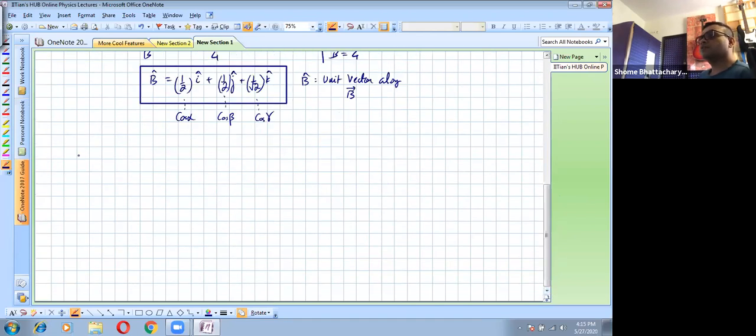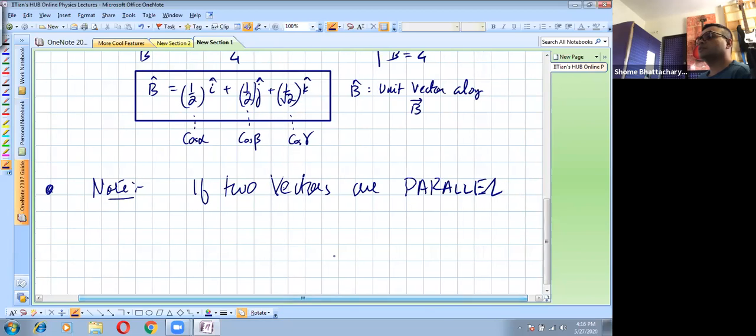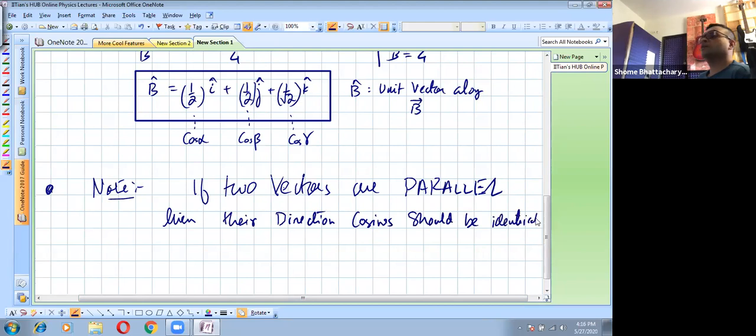Another point we'll understand from this is that if two vectors happen to be parallel to each other, then their direction cosines should be the same. Let us understand this statement, and from this we'll get an easy way to check for parallel vectors.